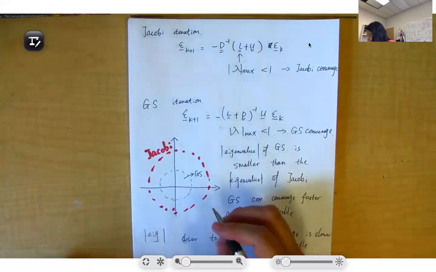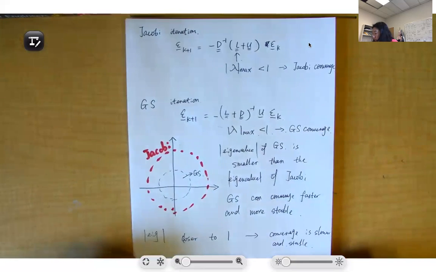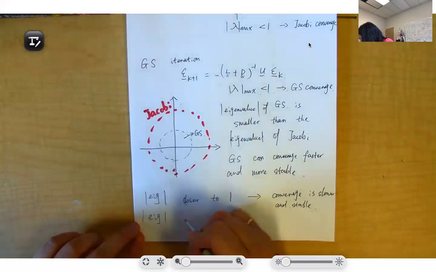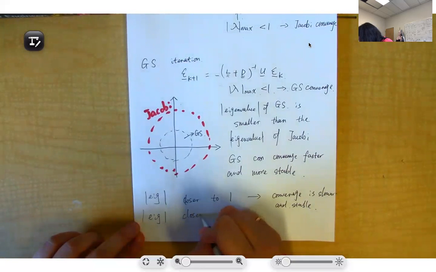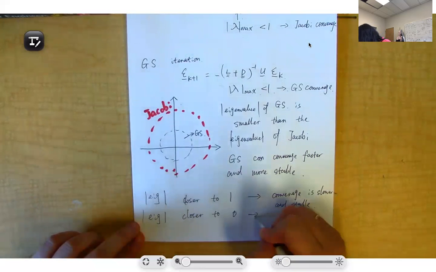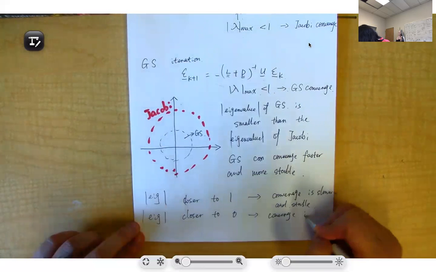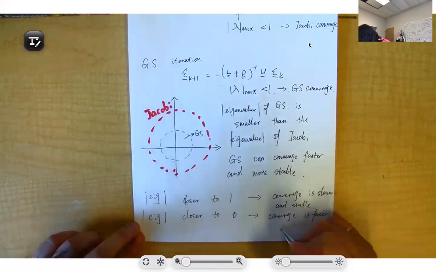Closer to 1 means it's still smaller than 1, but closer to that value. If the eigenvalue is closer to 0, that means the convergence is faster and also stable.